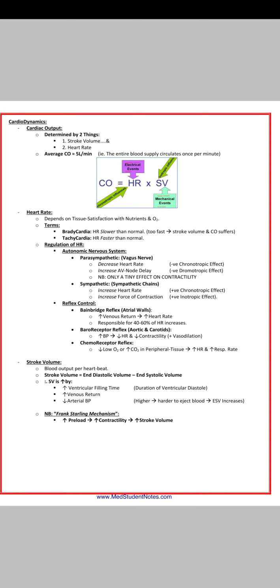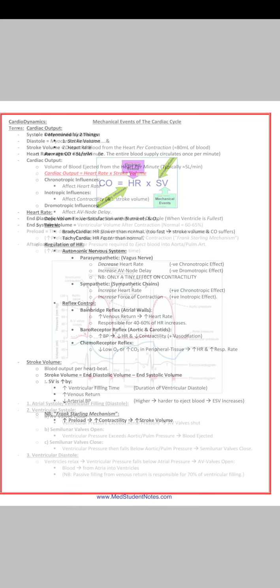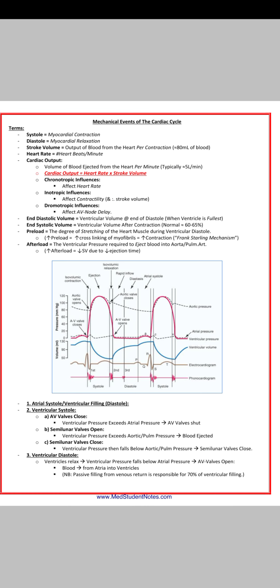So the stroke volume is equal to end diastolic volume minus end systolic volume. The end diastolic volume we discussed earlier is the ventricular volume at the end of diastole, where the ventricle is at its fullest.